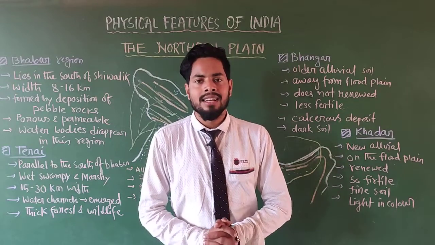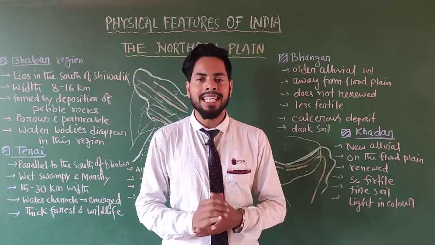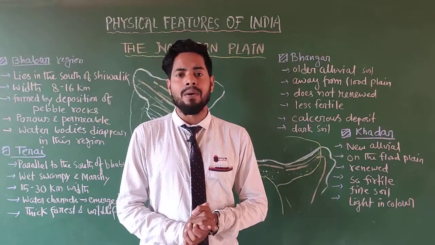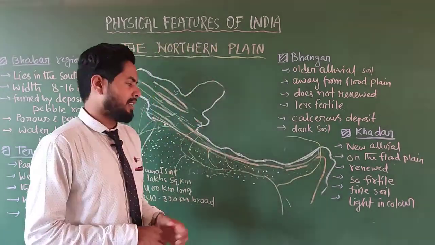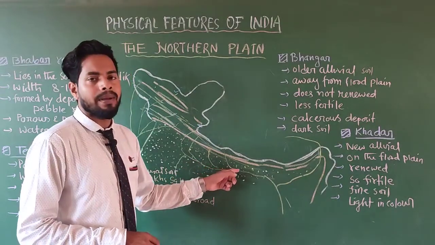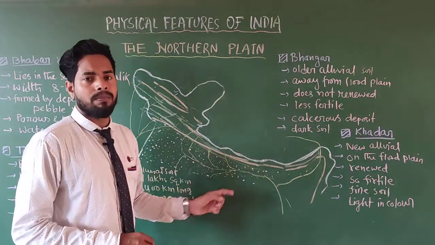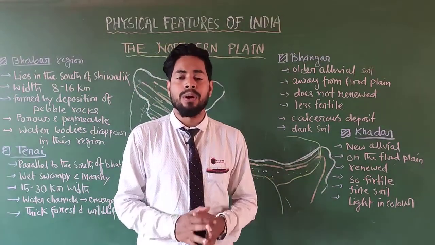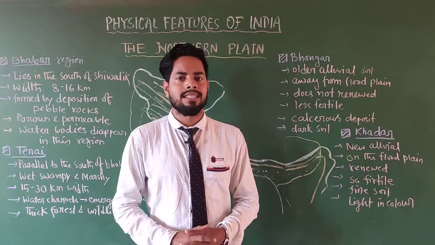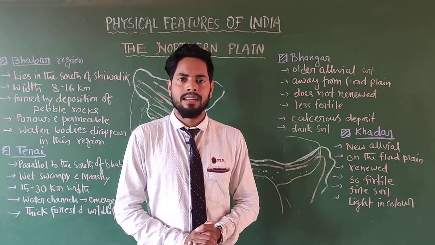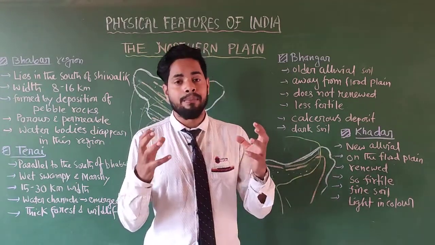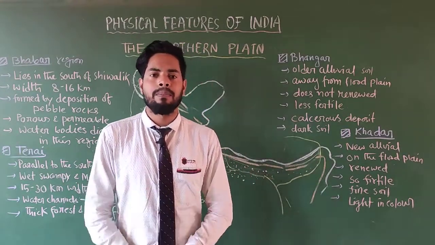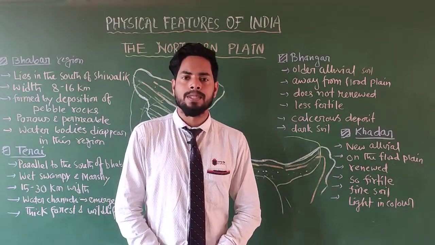Next we see the Khadar soil. Khadar soil is new alluvial soil. It is found on the floodplain, on both sides of the river, and it is renewed more than twice in a year. It is very fertile and favorable for growing crops.